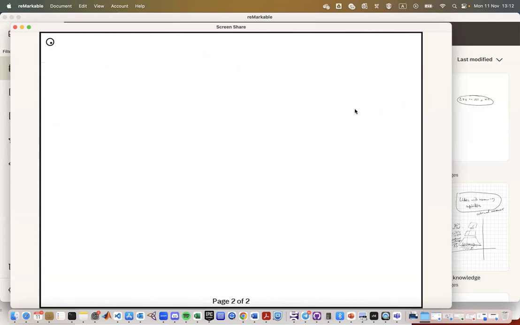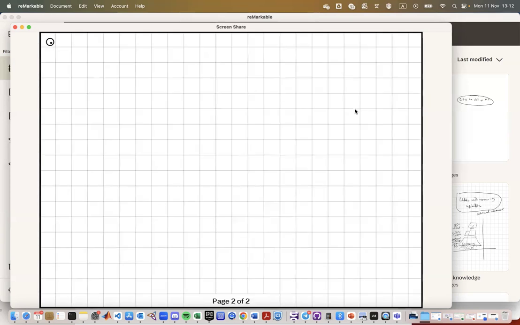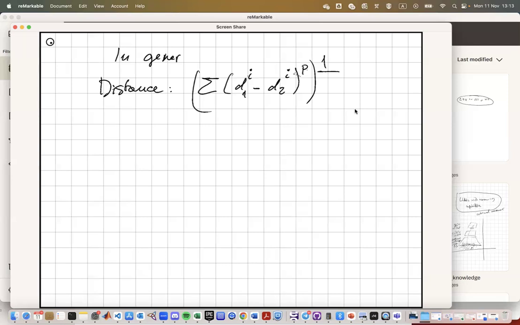In general, the distance can be defined as the sum over any 2 points, data 1 minus data 2 for the corresponding coordinate, to the power of p, and 1 over p.